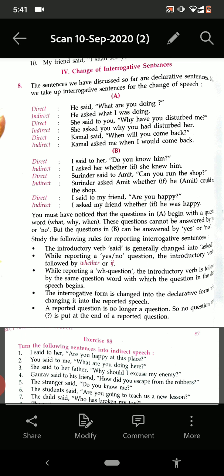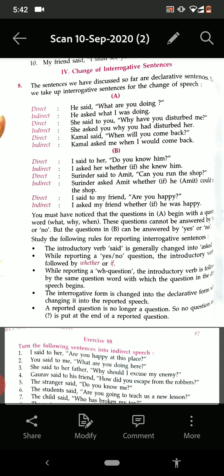I can say yes, I can say no. But if somebody asks me, "What is your name?" I can't give the answer in yes or no. I have to speak something. So there are two types of questions.